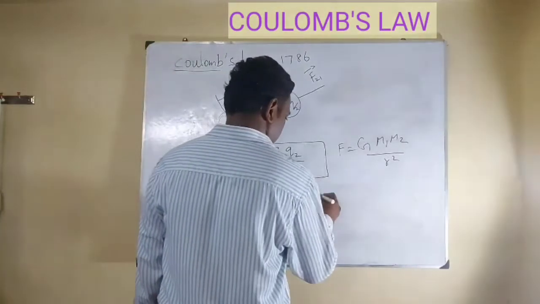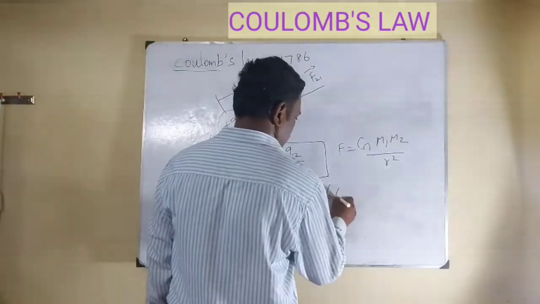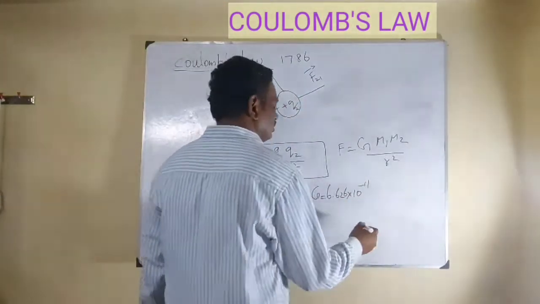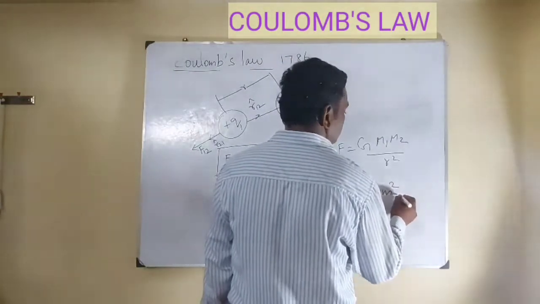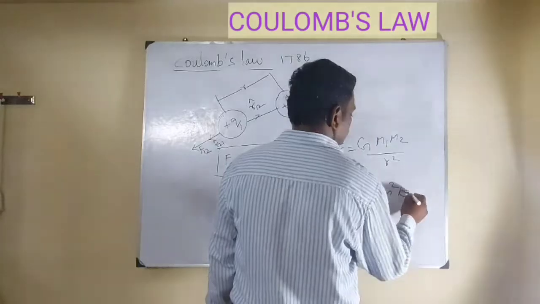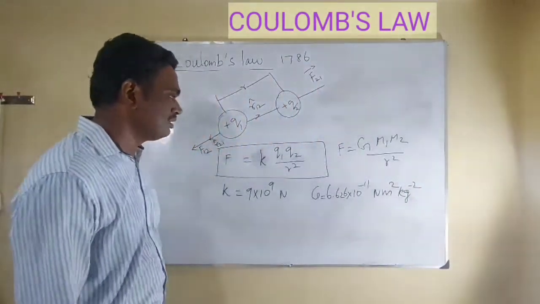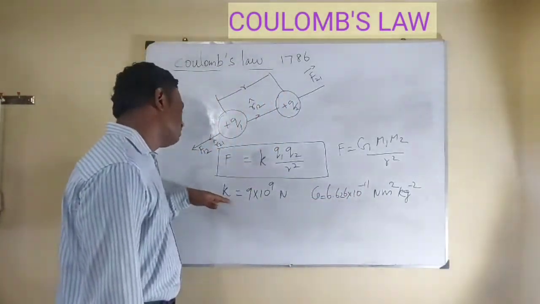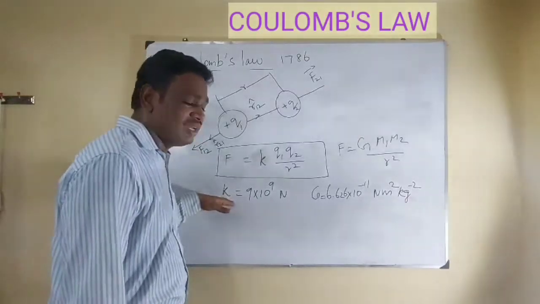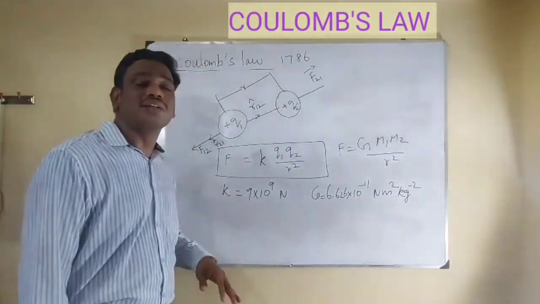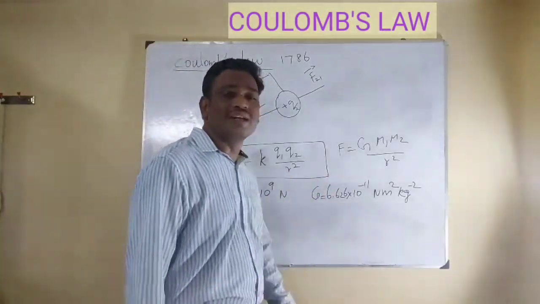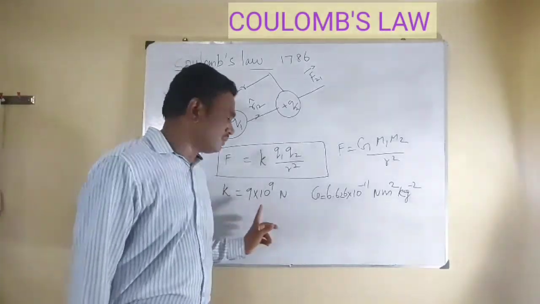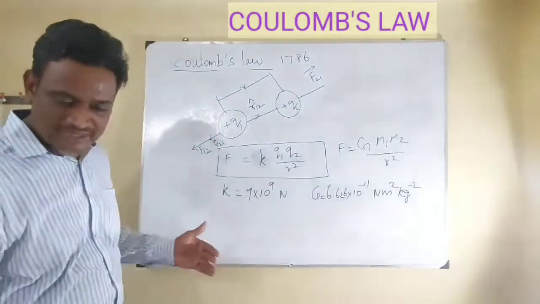Here the value of G is 6.626 into 10 power minus 11 Newton meter square kilogram to the power minus 2. This value is a very small value. Gravitational constant value is very small. Here the constant in the Coulomb force is a very large value. So Coulomb force is the strongest force compared to gravitational force, because the constant in the Coulomb force has a very large value. Okay. This is one difference.